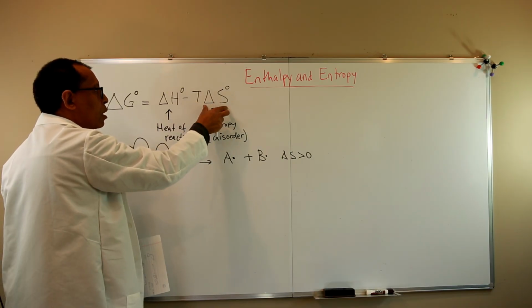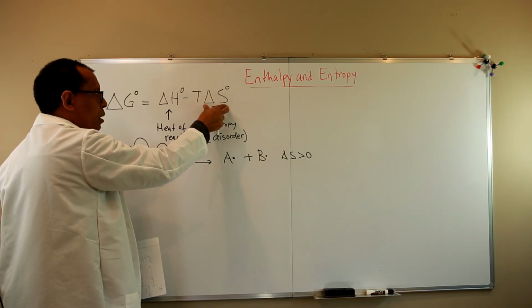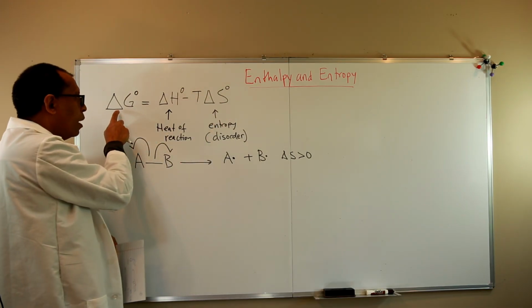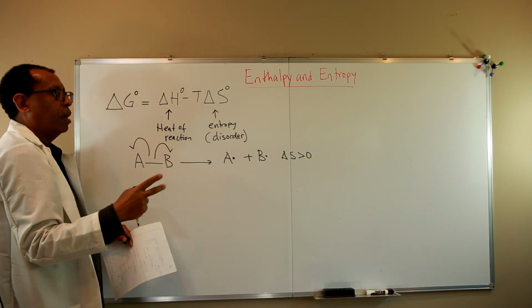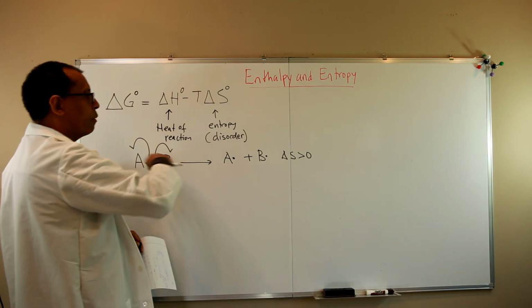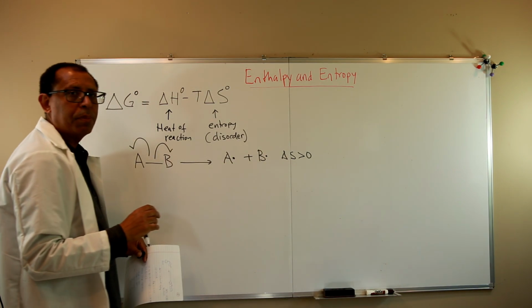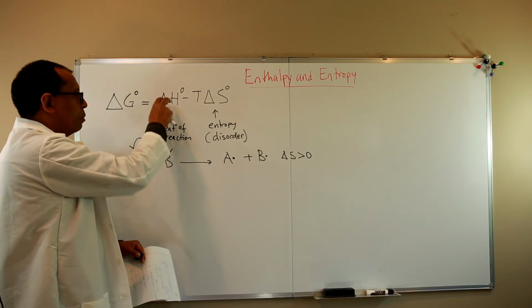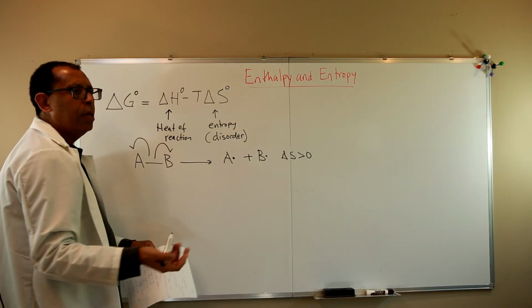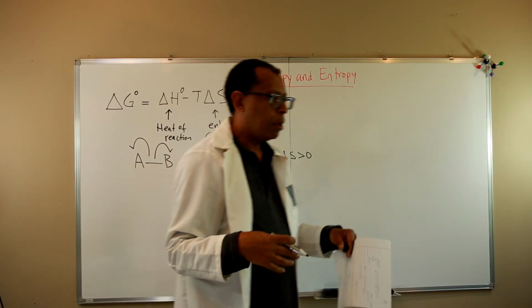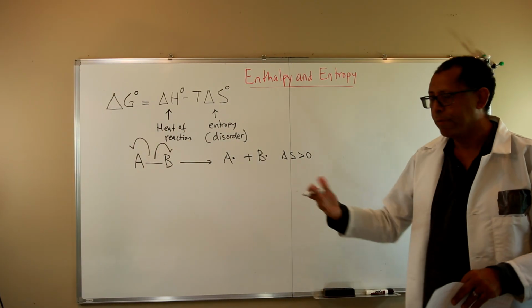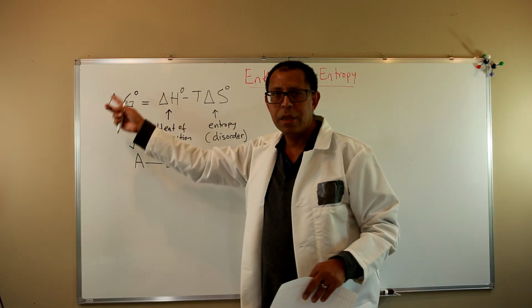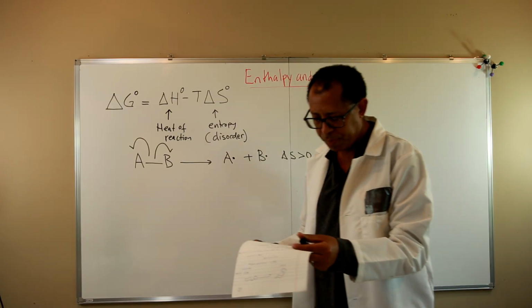The change is positive as it increases, therefore you have a larger negative. As a result, delta G could become less than 0, therefore favoring the breakage of the bond. So that is entropy driven. This reaction would then be entropy driven. So the increasing entropy would drive the reaction, that means if overall delta G becomes less than 0.